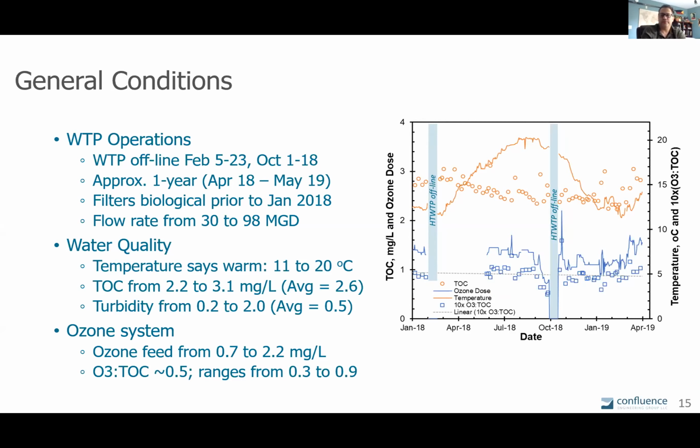Another thing to point out here, which is a little bit different in the Pacific Northwest, is that in California at Harry Tracy Water Treatment Plant, they're allowed to achieve Giardia inactivation credit with ozone.